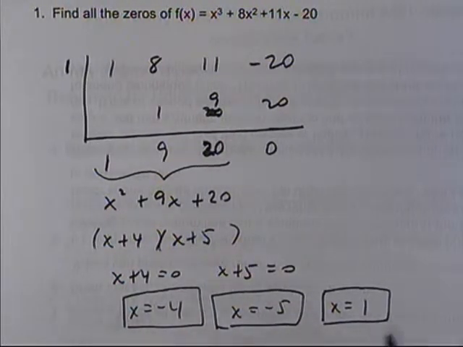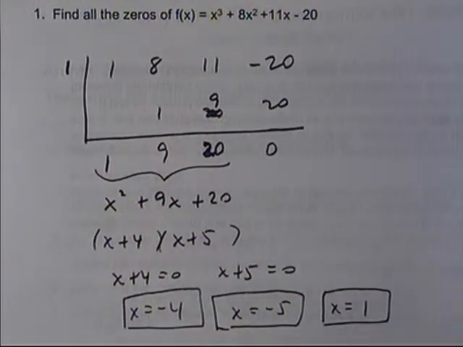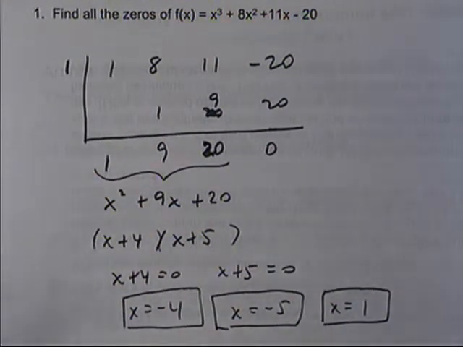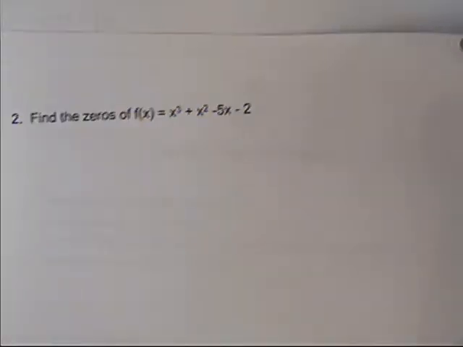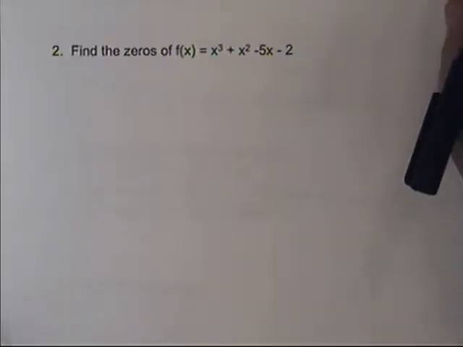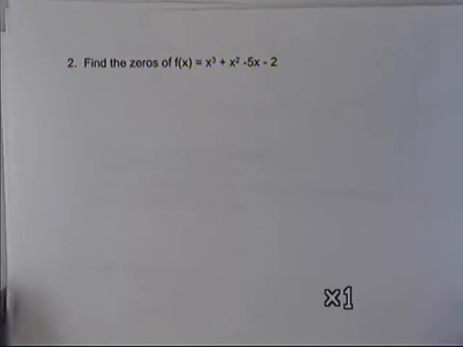Okay? So, a third degree polynomial has 3 answers. Now keep that in mind. A fourth degree polynomial will have 4 answers, a fifth degree polynomial will have 5 answers, and so forth. So now we're going to talk a little bit about what kind of answers you could get. Okay? Remember, they're not always necessarily going to be real numbers.